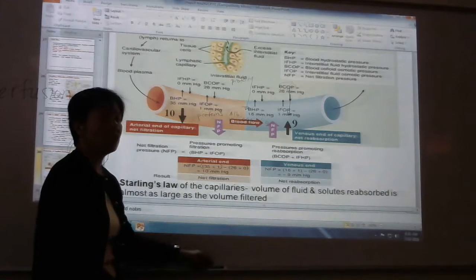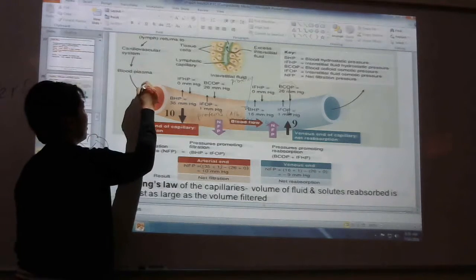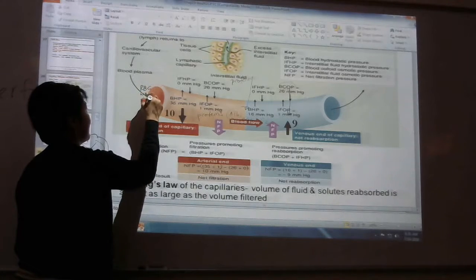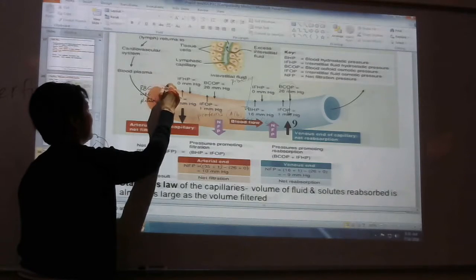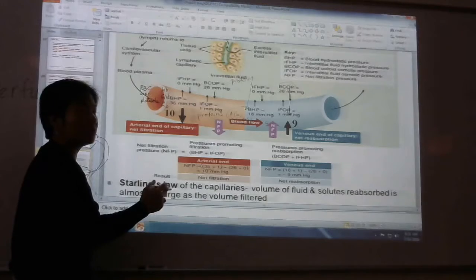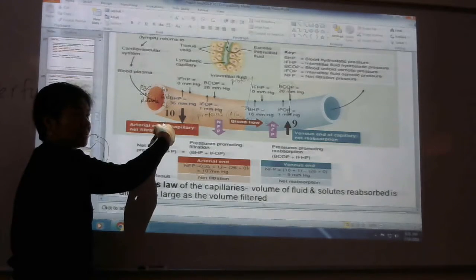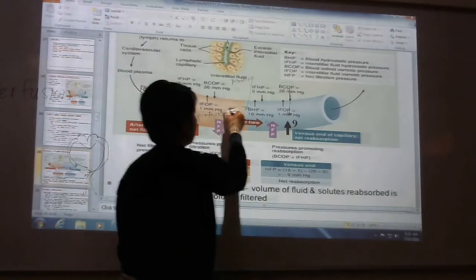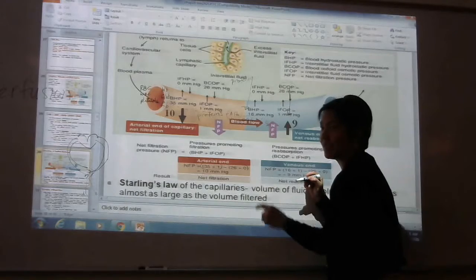One rule that you should remember is this one, okay? So you remember your formed elements, RBCs, white blood cells, platelets, albumin, globulin, fibrinogen. The general rule is these 6 entities, they're too big to leave your capillary.